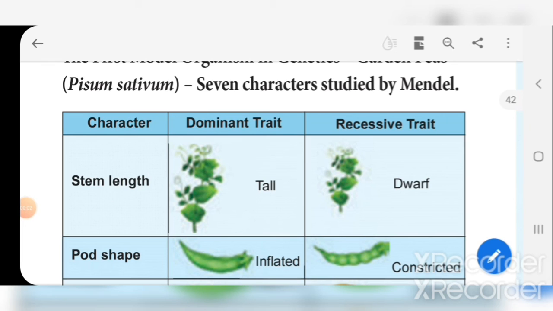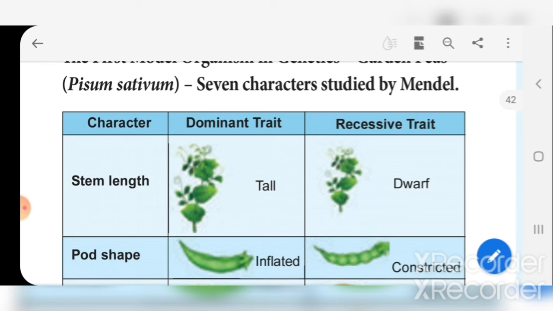Now we are going to see the 7 pairs of contrasting characters studied by Mendel. First one, stem length. The dominant trait is tall, the recessive trait is dwarf.